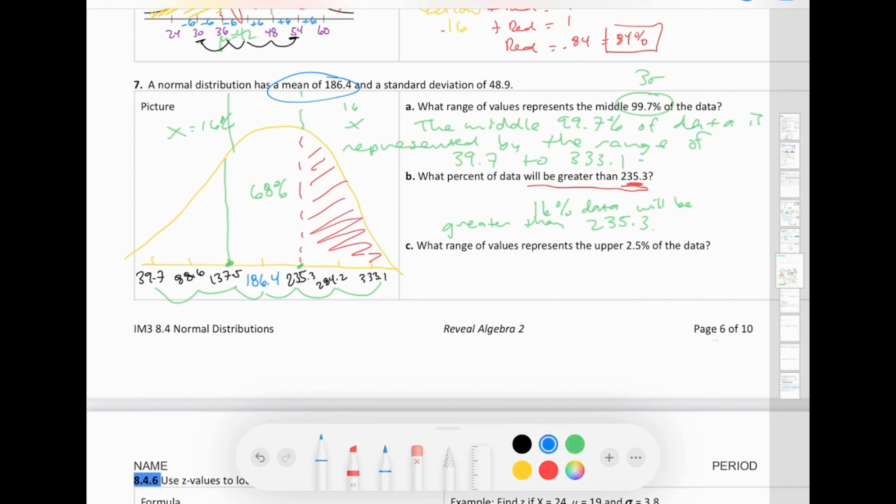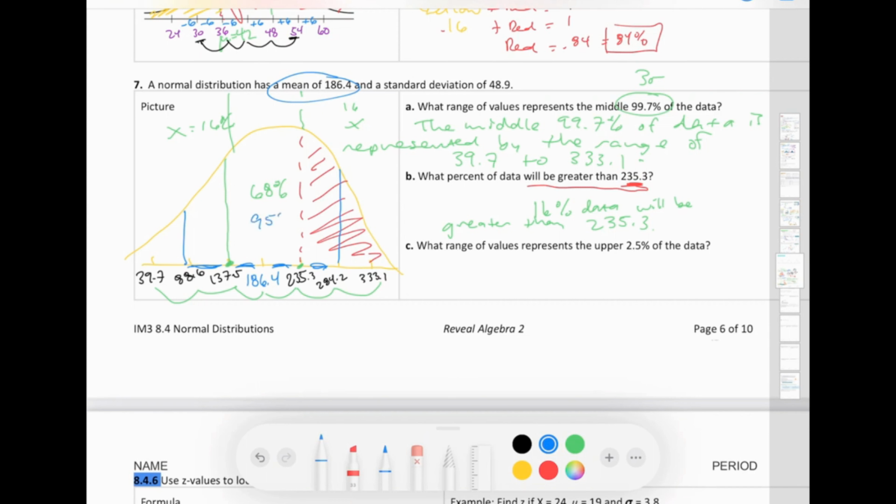All right, what range of values is represented by the upper 2.5%? Okay, this one's tricky because it's not part of the empirical rule, but the closest one you can get to the empirical rule is what? Here in blue, right? This is 1, this is 2, 1, 2 standard deviations away.